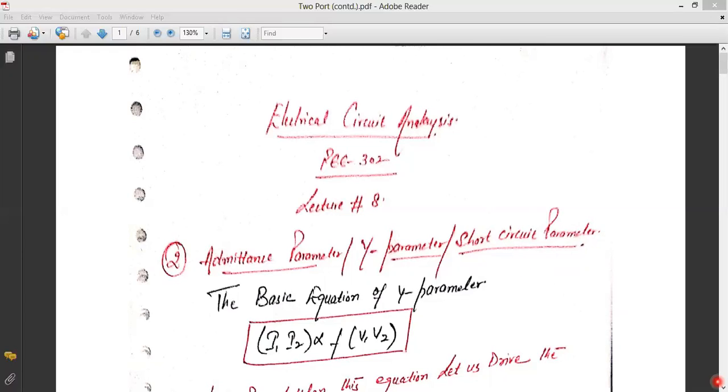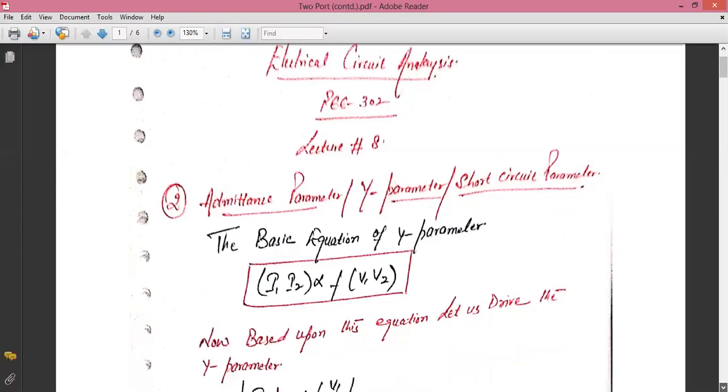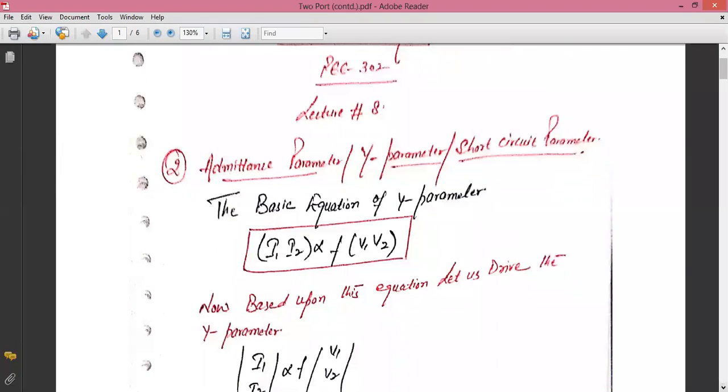Now for the Y parameter, the basic equation is that I1, I2 is a function of V1, V2. That means a Y parameter is a parameter in which the input current and the output current are a function of the input voltage and the output voltage.